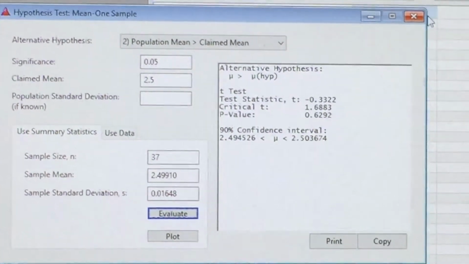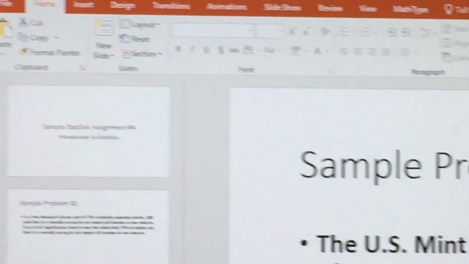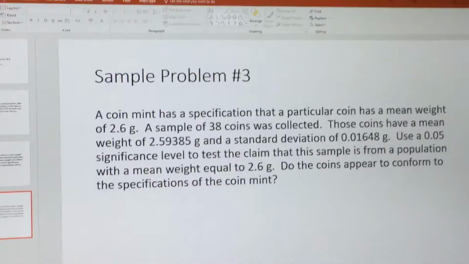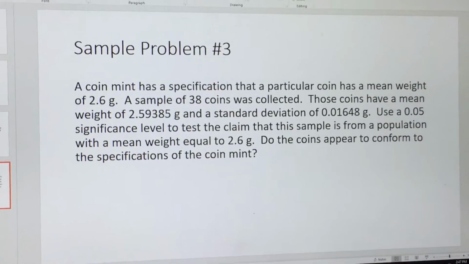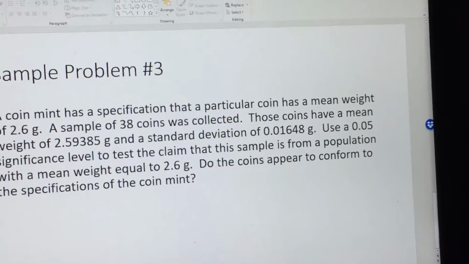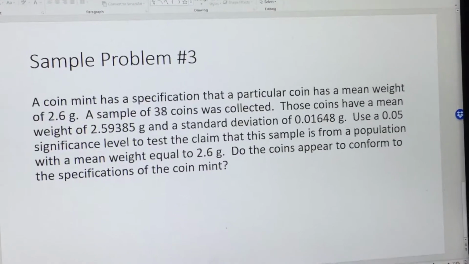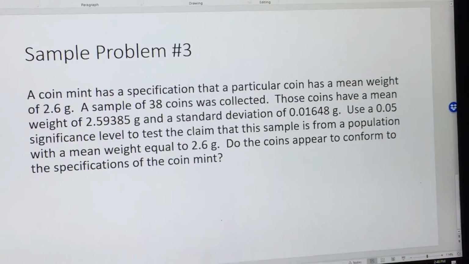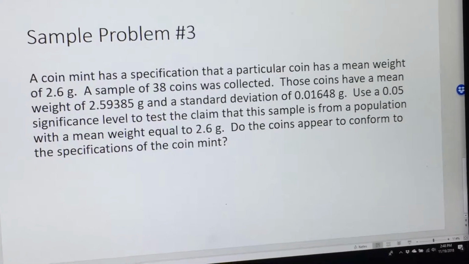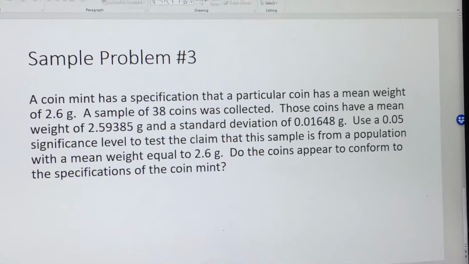All right, now let's go on to number 3. This is another one of those coin mint problems. It has a specification that a particular coin has a mean weight of 2.6 grams. A sample of 38 coins was collected.